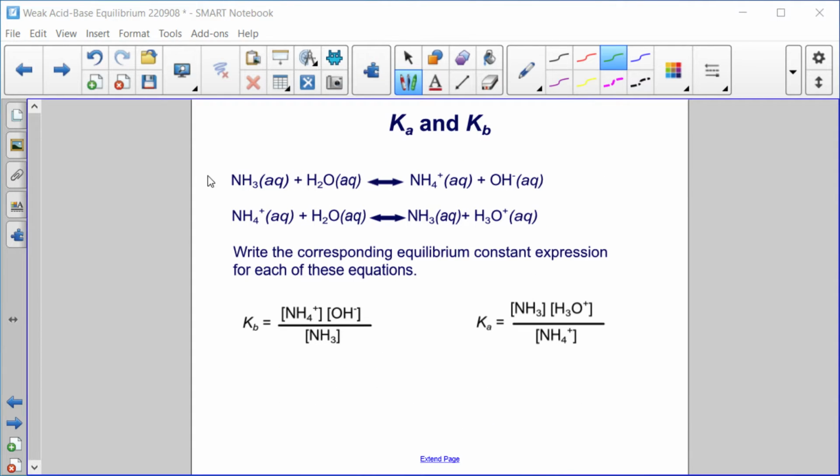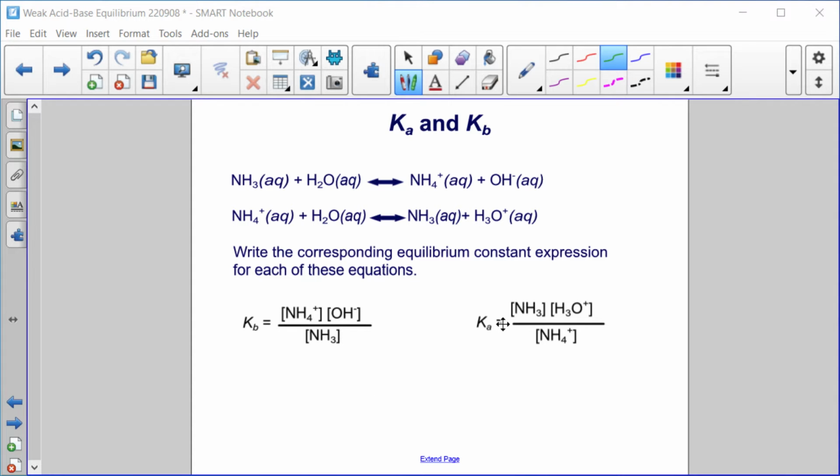Because NH3 and NH4 plus are a conjugate acid-base pair, we can see the relationship between their Ka and Kb expressions. So let's start by writing the equilibrium expressions for each equation. Starting with Kb, which is related to the base dissociation, we get NH4 plus concentration times OH minus concentration over the concentration of NH3.